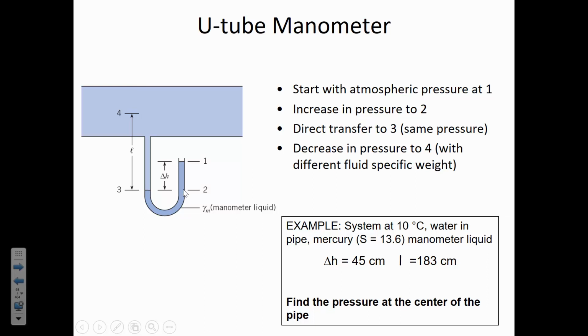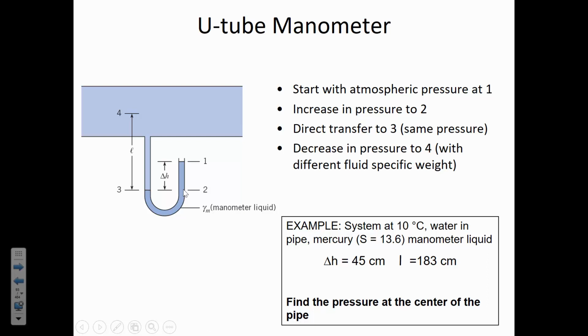Now think about what's happening inside the manometer as we go from 2 to 3. As we go down through the fluid, the pressure is increasing. Going sideways doesn't have any effect on the pressure. But as we're going back up through the fluid, the pressure decreases again at the same rate that it was previously increasing.